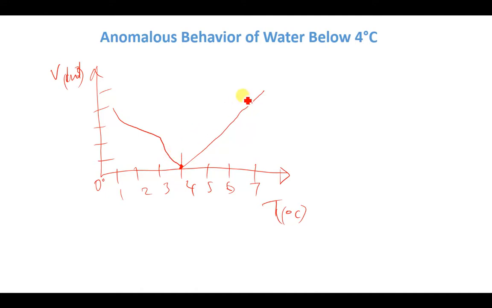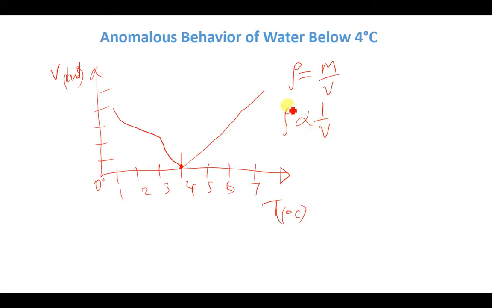This is not the case when you are dealing with density, because we know that density is equal to mass over volume, and from this you can tell that density is inversely related to the volume. So while the volume is increasing, the density will be reducing.